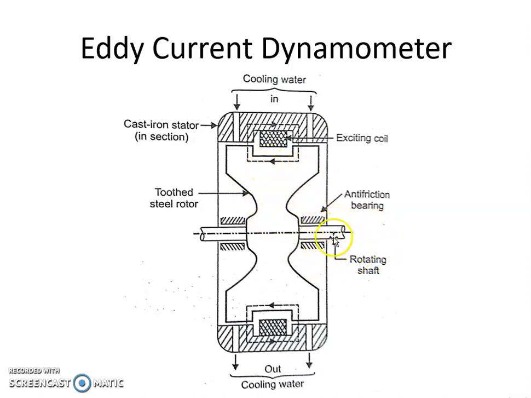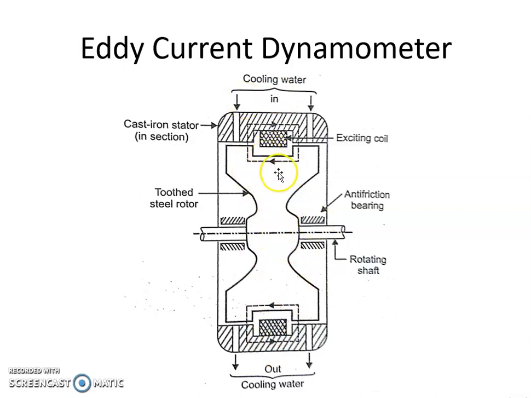As the shaft rotates with higher speed, a greater amount of flux is cut by the rotor and more eddy currents are induced in the rotor. Because of these eddy currents, a lot of heat is generated, and for cooling purposes a cooling arrangement is made by means of water.